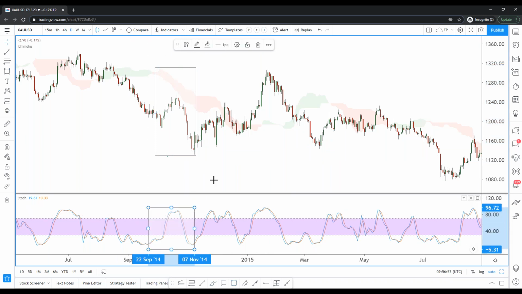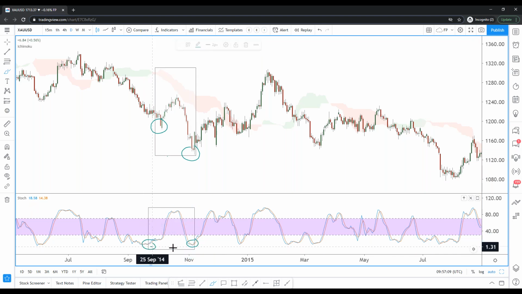Same thing for bullish divergence, we want to look at the lows. You look at the lows over here, you can see that prices are forming lower lows, but what we are seeing on stochastics is that it's forming higher lows. So the downward momentum could be exhausted. When you draw the line, you can connect the lows to the previous low.